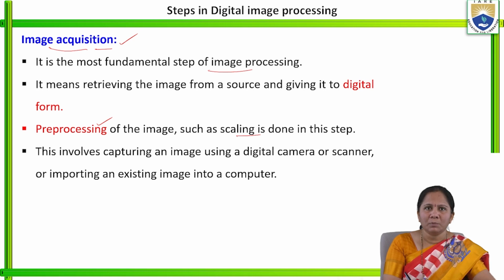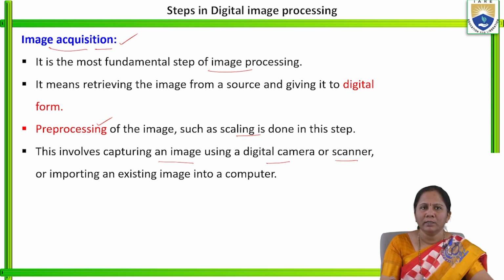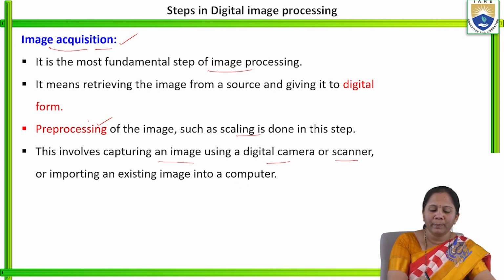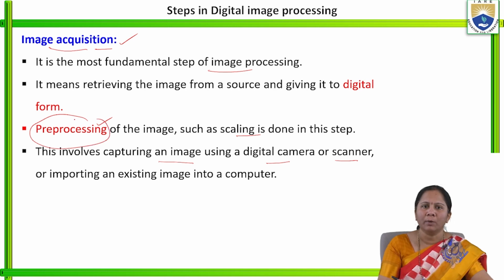After capturing an image, the basic components we use to capture it may be a digital camera, or a scanner, or any other device. After the image is captured by these devices, it will be imported into the computer, which will perform this pre-processing operation.